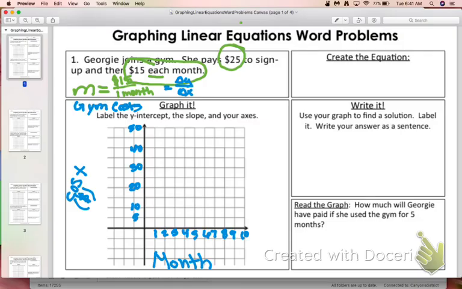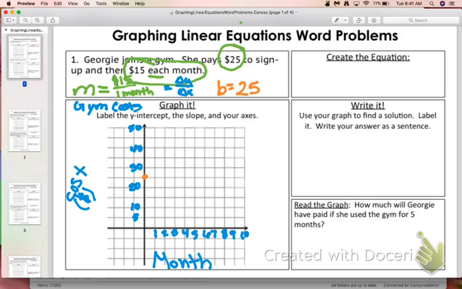Okay. Now, what is my b? Well, b is the other number that they gave me. b is that $25. So I'm going to put my first dot at 25, just like we have been. Now, for 1 month, I'm going to pay $25 plus $15.